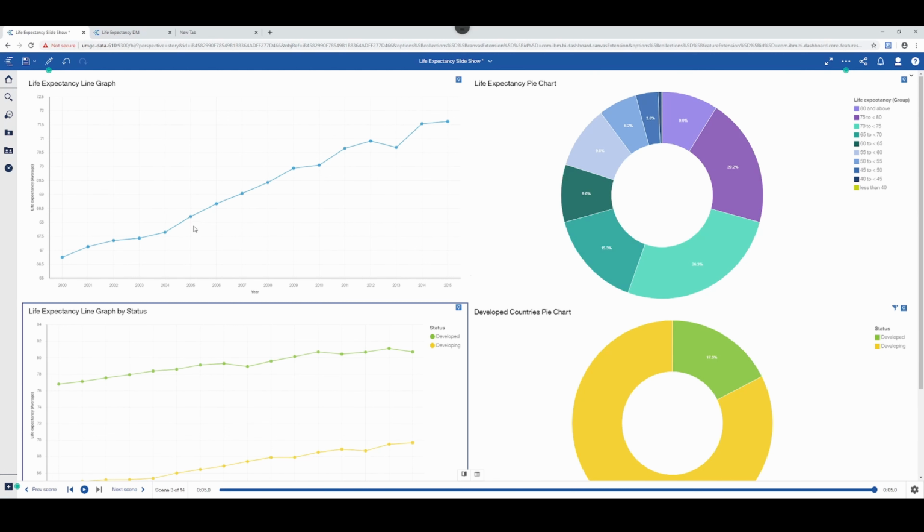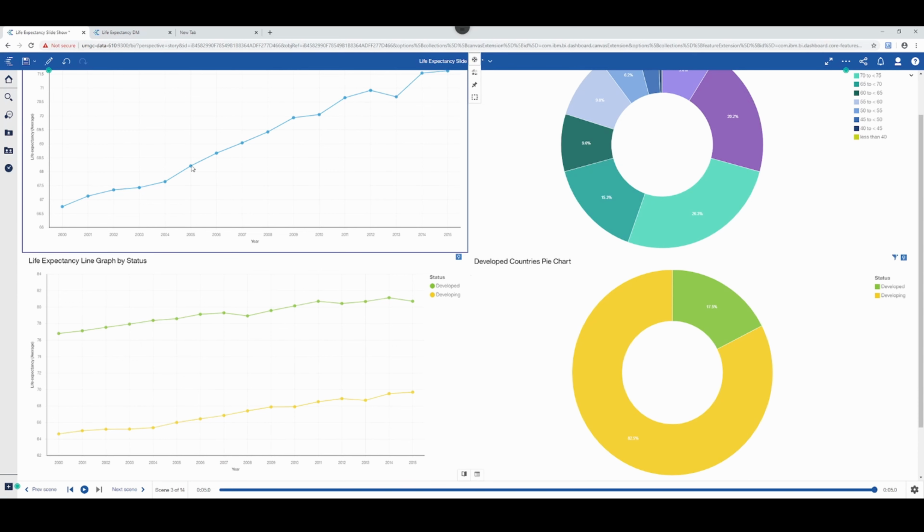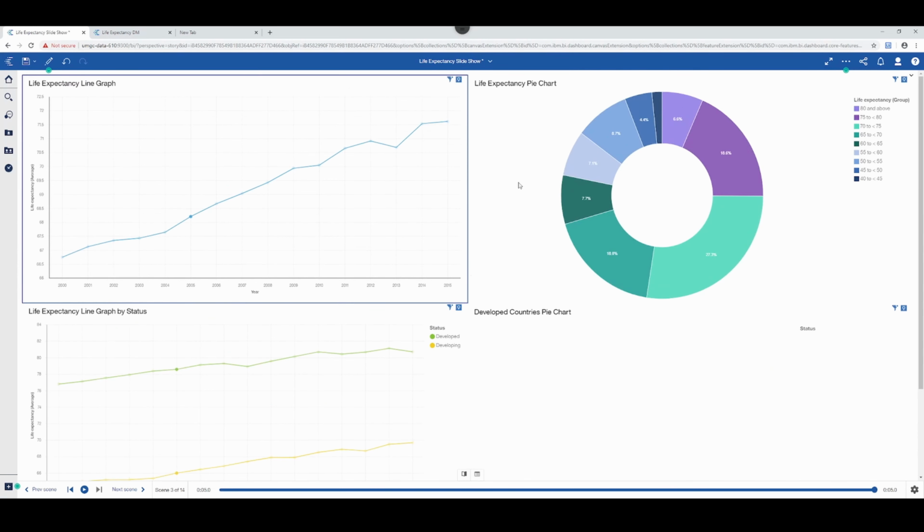And then we can also click on individual data points here to narrow down a specific year. So, for example, in 2005, if we click on that, we can see the split out of life expectancies, and we can click through and see how they change.